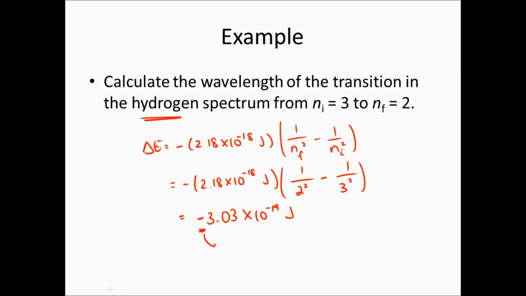Note that it is negative here because you're going from a high energy level to a low energy level, so the atom loses energy, so that's negative. And as this energy is emitted in the form of a photon, the photon therefore has this energy.